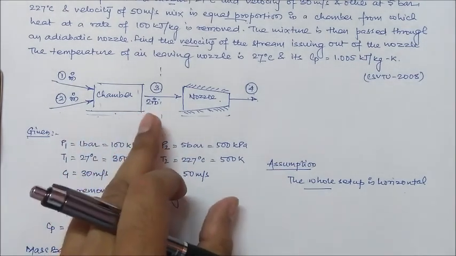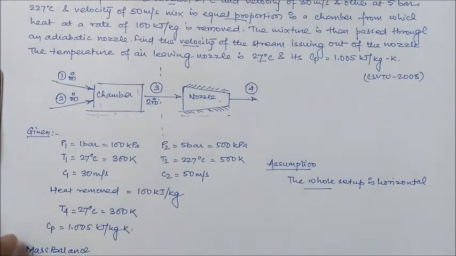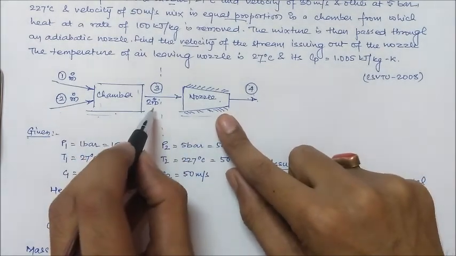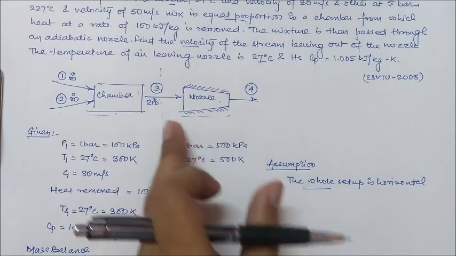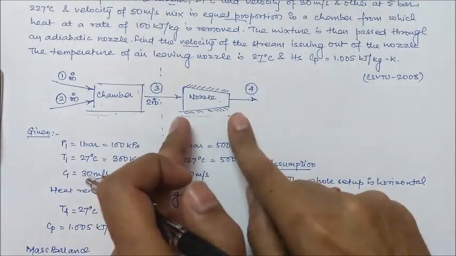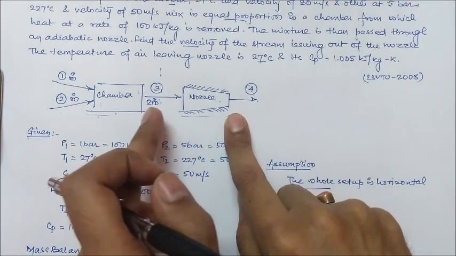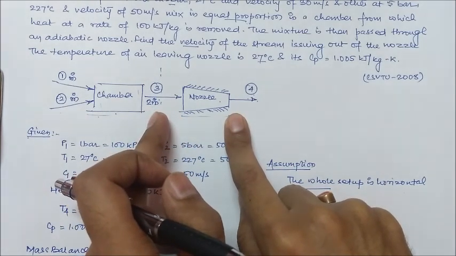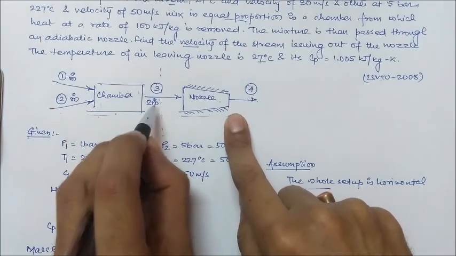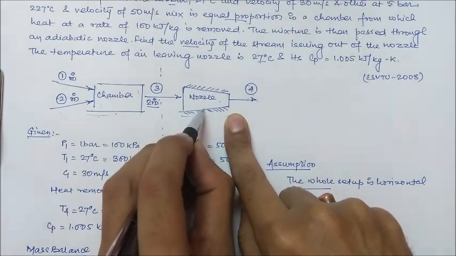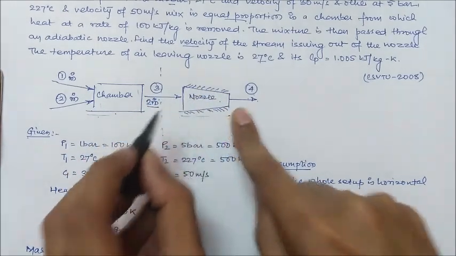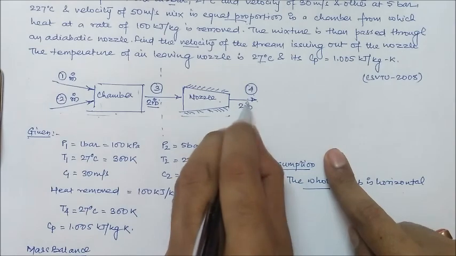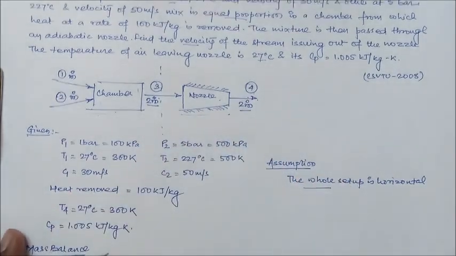Now, if we consider the nozzle as a control volume, the entering stream has a mass flow rate of 2m dot. So for steady flow, the mass flow rate leaving the nozzle will be 2 m dot. Okay, so we got this mass balance.